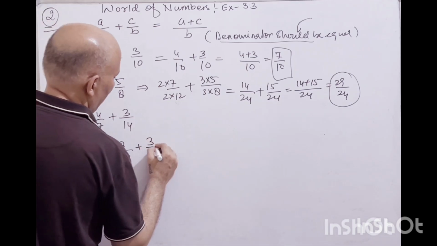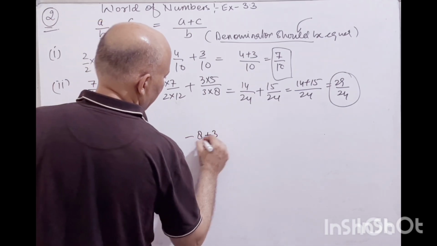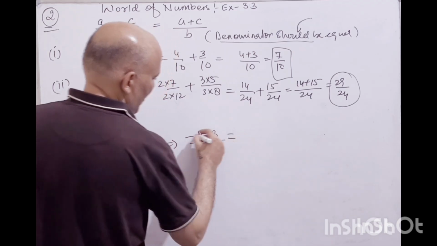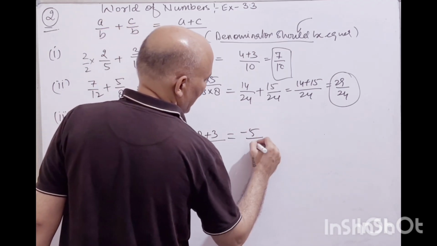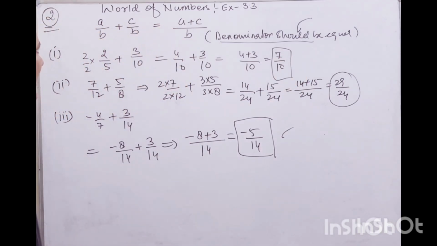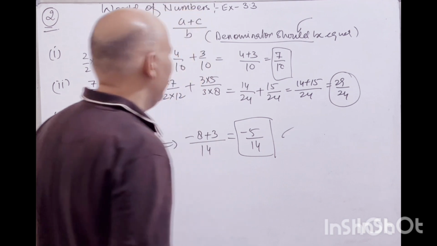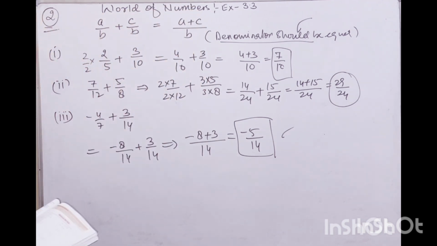Then 3 upon 14 is equal to minus 8 plus 3 upon 14, so minus 5 upon 14. So this would be the answer. Very simple, right? If the denominator is not equal, then you have to make it equal, and then the things are very easy.